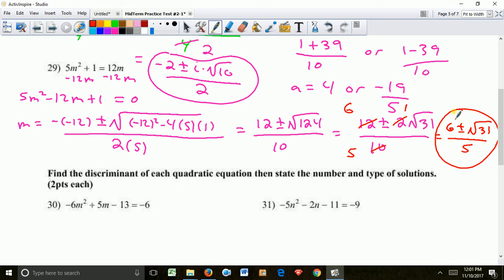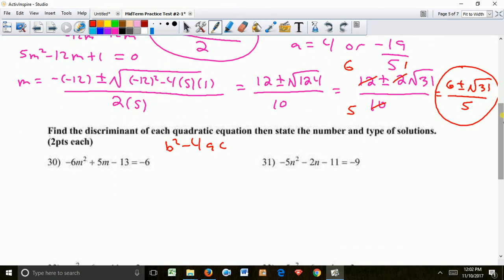The next 6 problems involve using the discriminant of your quadratic equation. Your discriminant is given by b squared minus 4 times a times c. In this case, we could add 6 to both sides of the equation. Make sure this is in standard form. You get negative 6m squared plus 5m minus 7 is equal to 0.